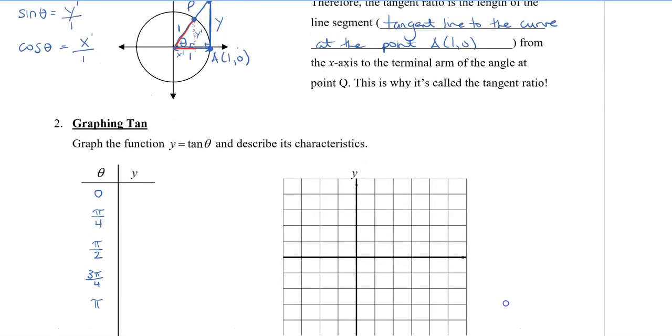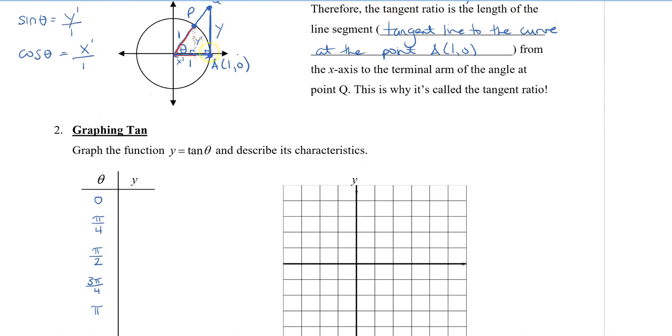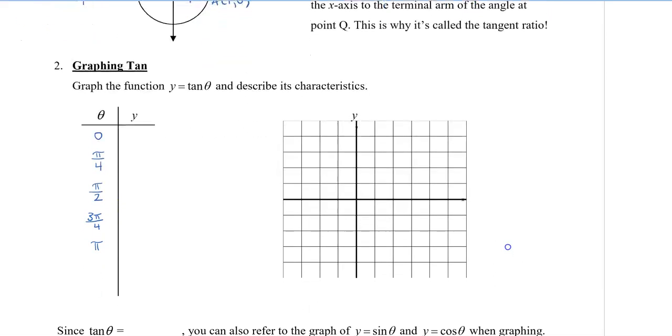So it's just like when we did sine and cosine, we rotated the angle through 2 pi. So this time I'm also going to rotate through 2 pi, but I'm going to go through the points pi over 4, 3 pi over 4, pi, and then I'm going to skip a couple. I'm going to miss 5 pi over 4, so I'm going to jump straight to 3 pi over 2, and then 2 pi.